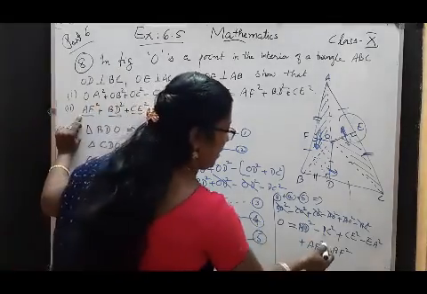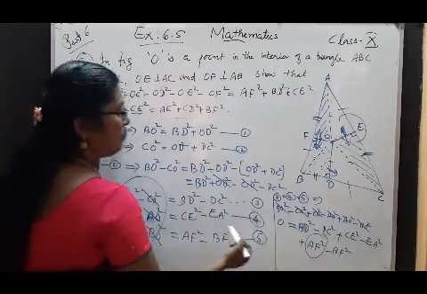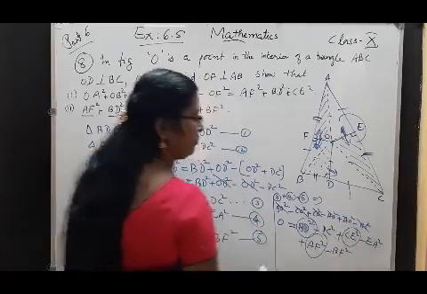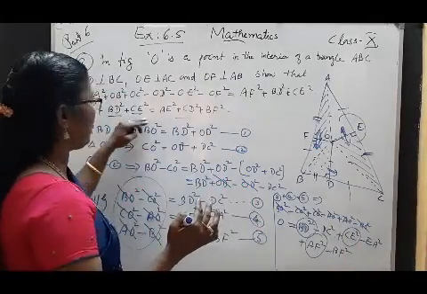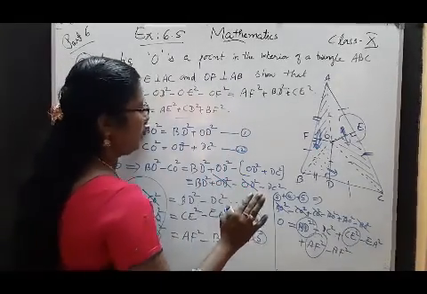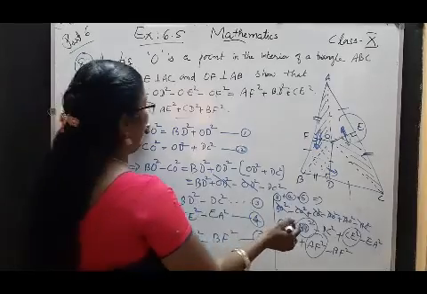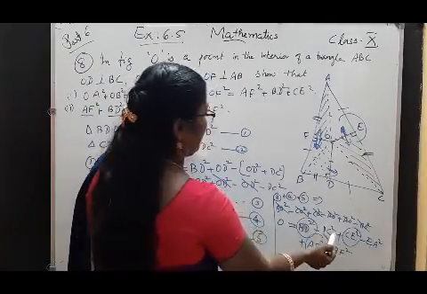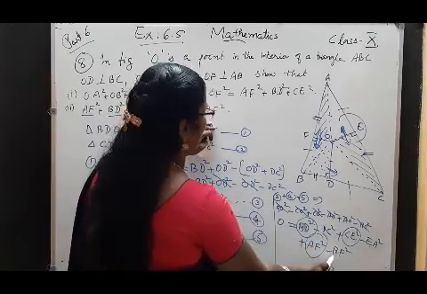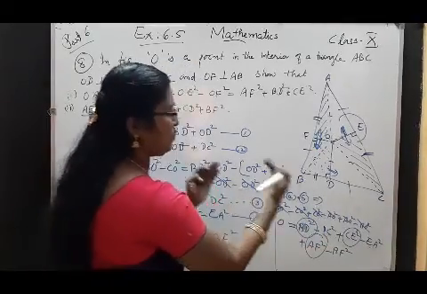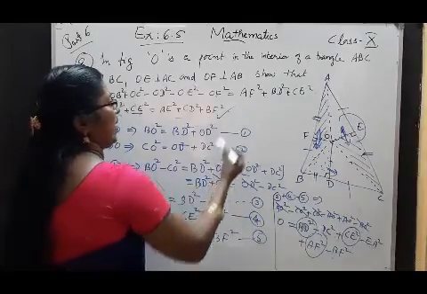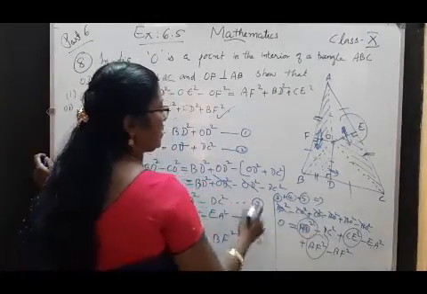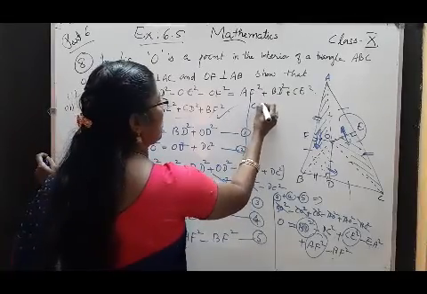Here we want AF square plus BD square plus CE square. Both are positive. Then the other side is minus CD square, minus AE square, minus BF square. Transpose these minus terms to the left side, you get this answer. When we transpose minus CD square, this side becomes plus CD square.